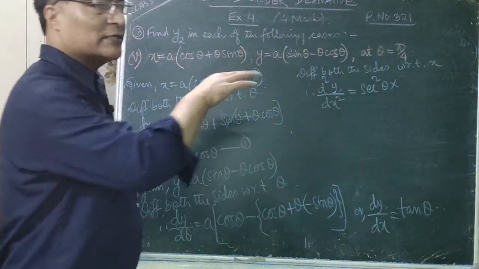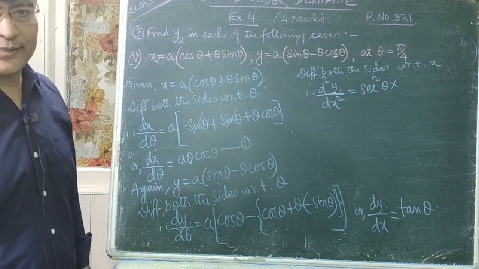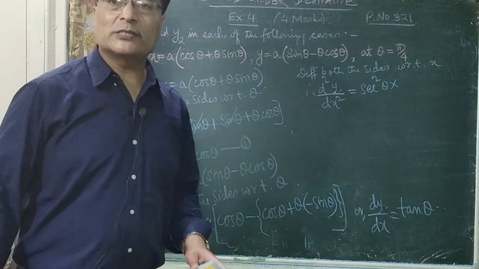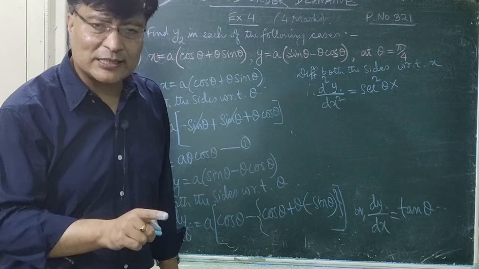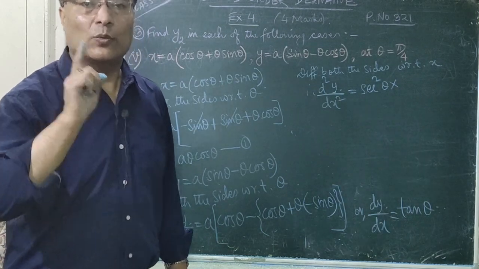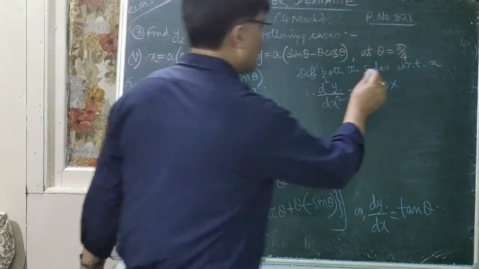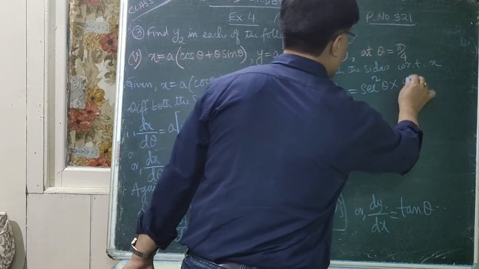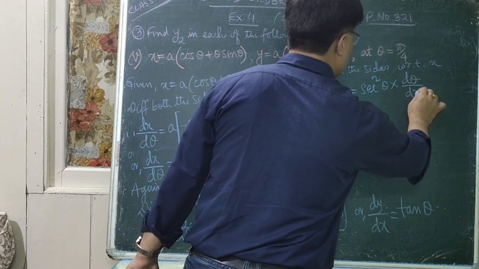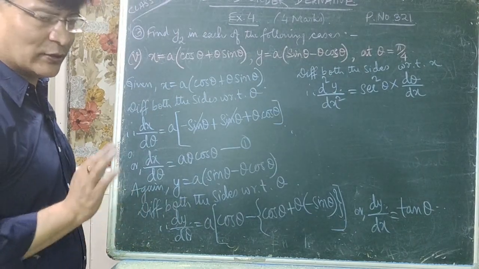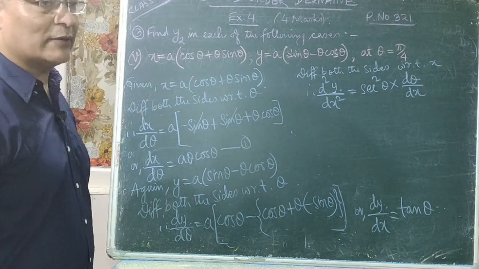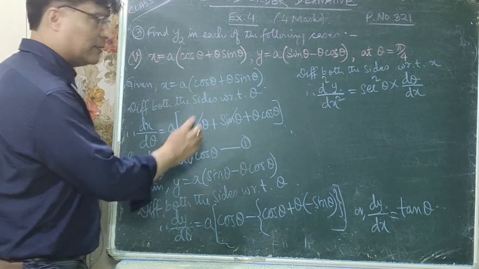Now again you have to differentiate the term which is assumed as x. Which term was assumed as x? Theta was assumed as x. Now this theta should be differentiated with respect to x. So what is the differentiation of theta with respect to x? That is d theta by dx. Okay, now you can put the value for d theta by dx from number 1.